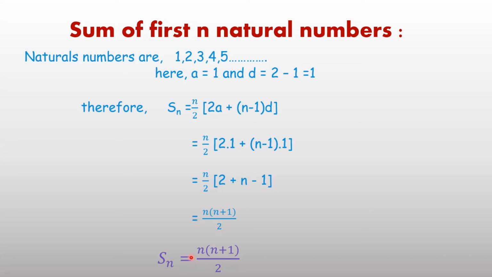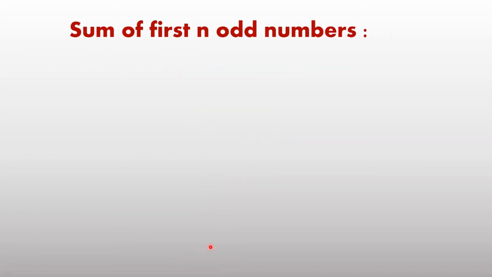It implies the sum of first n natural numbers equals n into n plus 1 by 2. If anyone asks to find the sum of first 5 natural numbers, you can write 5 into 5 plus 1, means 6. 5 into 6 by 2 means 30 by 2, 15. Sum of first 10 natural numbers, 10 into 11 by 2 equals 55. In this pattern, you can find the sum of first n natural numbers.